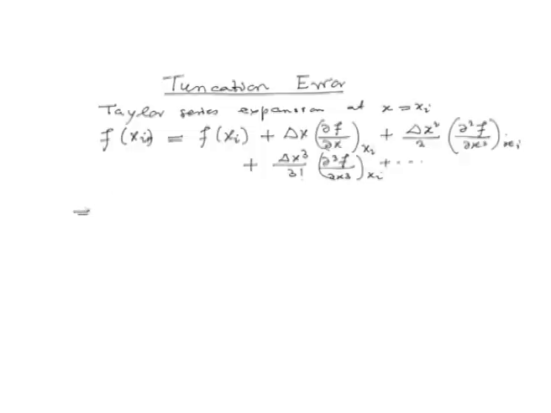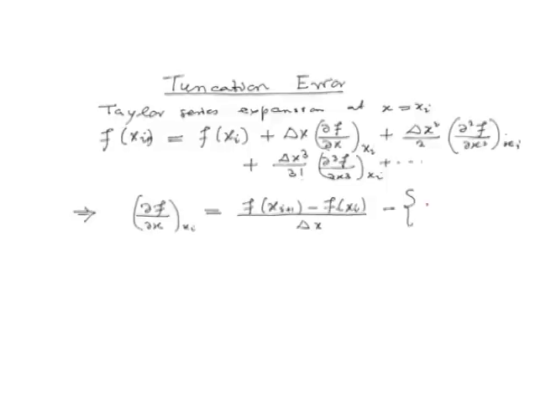If we rearrange the terms, that is what we get for del f by del x at xi: it is f of xi plus 1 minus f of xi divided by delta x, minus the higher order terms which we had.